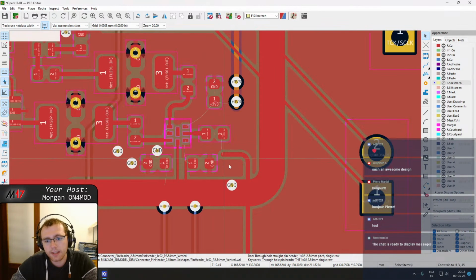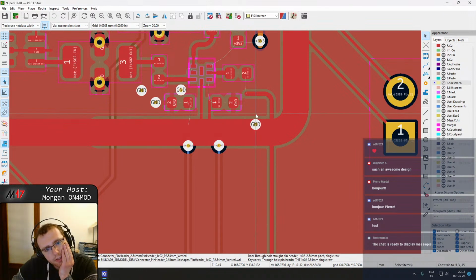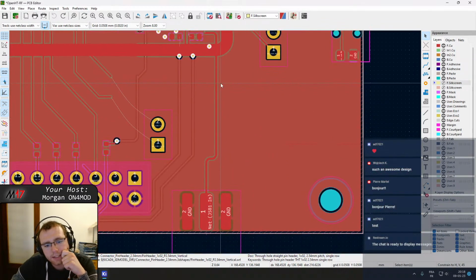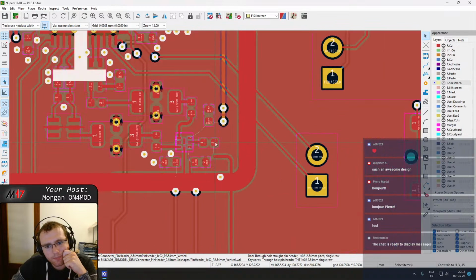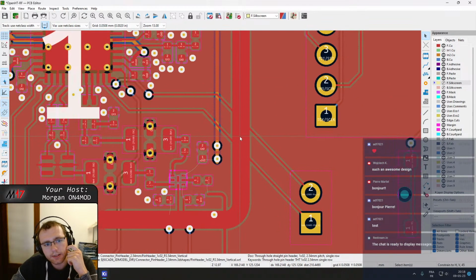So I need to update that. I think we are going to need to create an opening, at least for the RF input-output track to the connector.